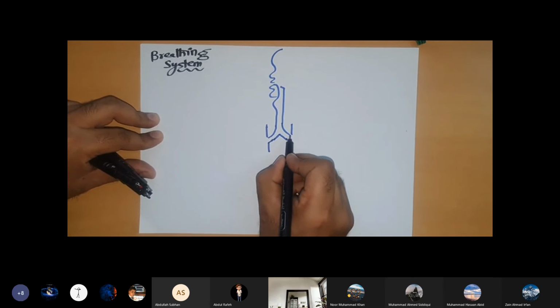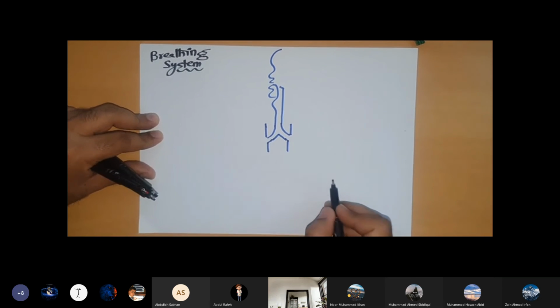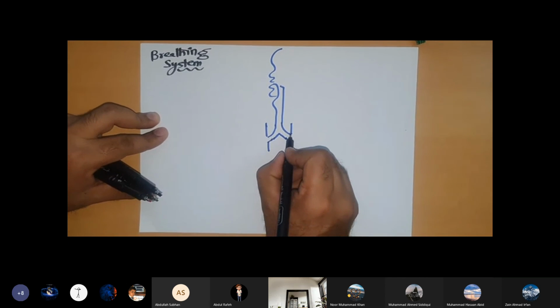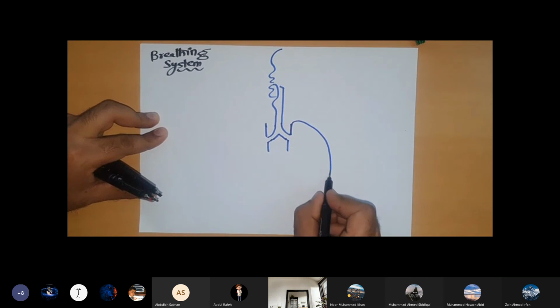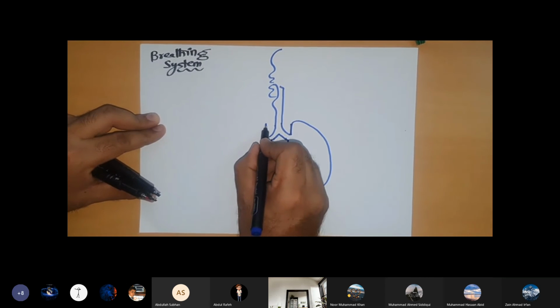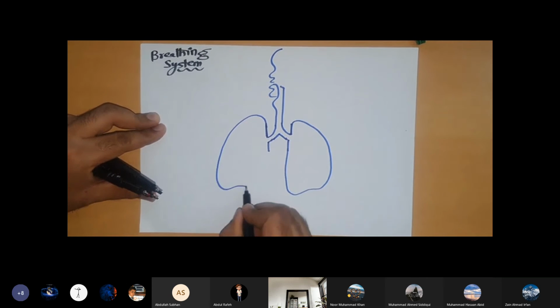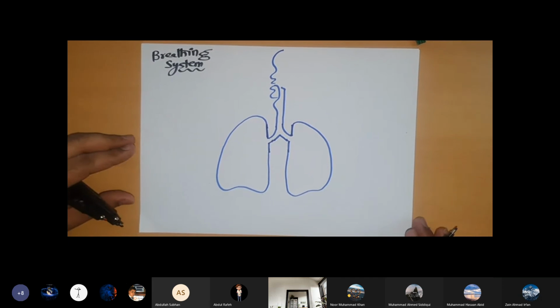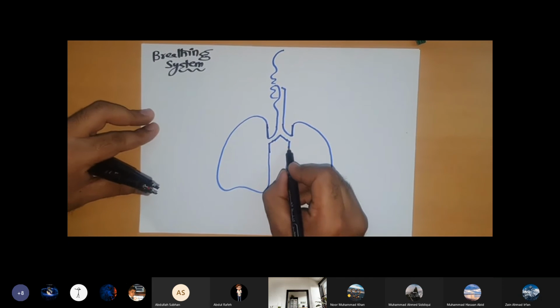The question is why they should be at equal level or equal size, because in this way it will help us to draw these lungs in equal size or almost equal size. Now I have drawn this lung over here.